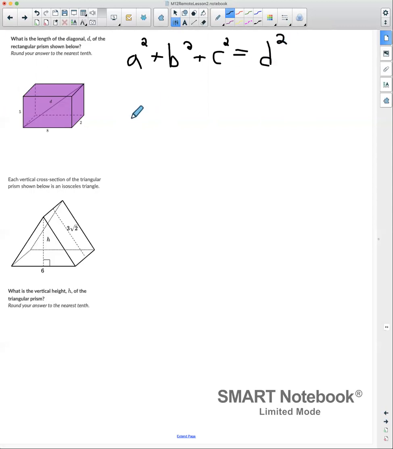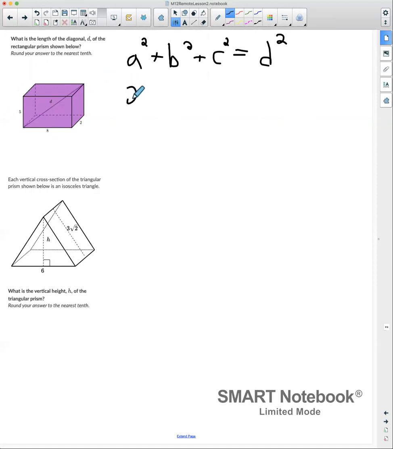So we have 2, 5, and 8. The length, width, and height are all going to be values of a, b, and c. And d is just the length of the three-dimensional diagonal, going from one corner to the opposite corner.